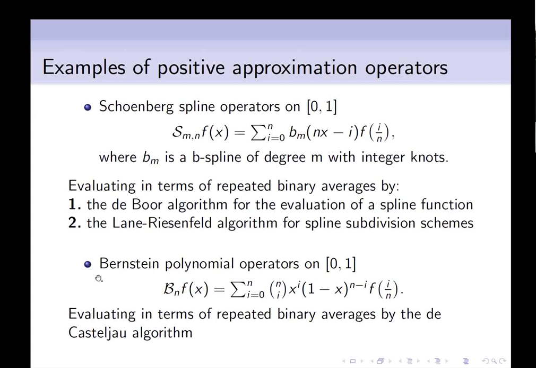For Bernstein polynomial operators, we have the de Casteljau algorithm. It allows us to represent these operators in terms of binary averages. So we use these algorithms to adapt these operators to set-valued functions.